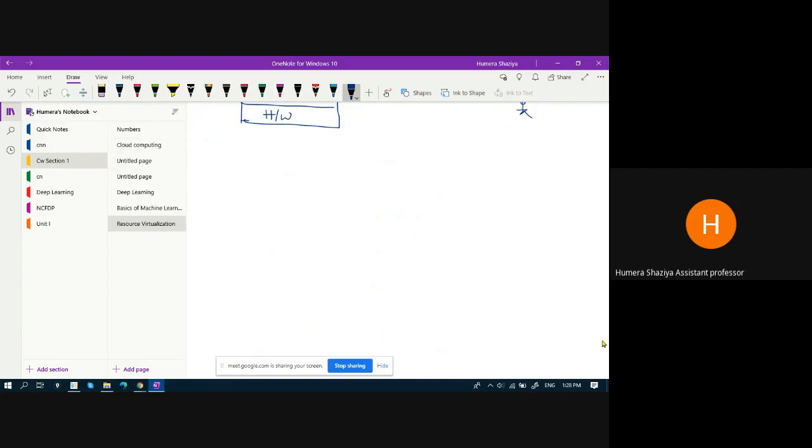Again, let me give you an example. This is machine or server level virtualization.